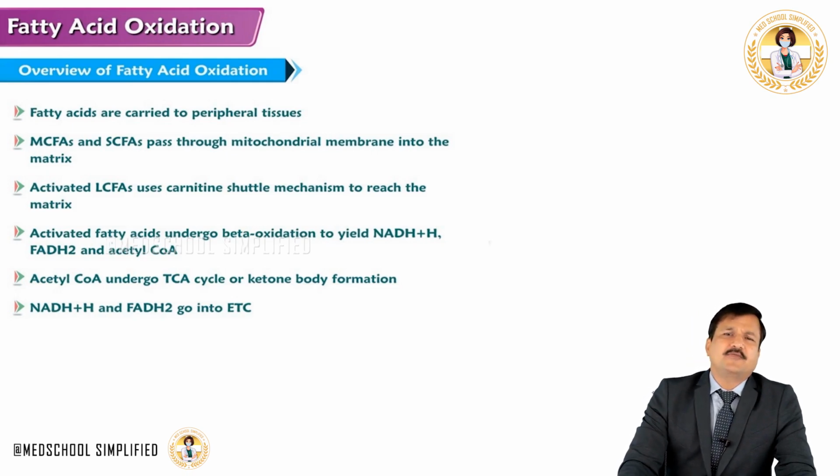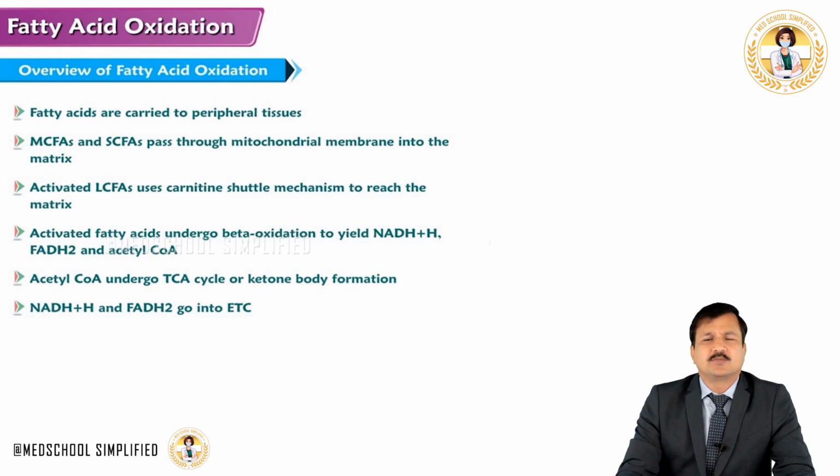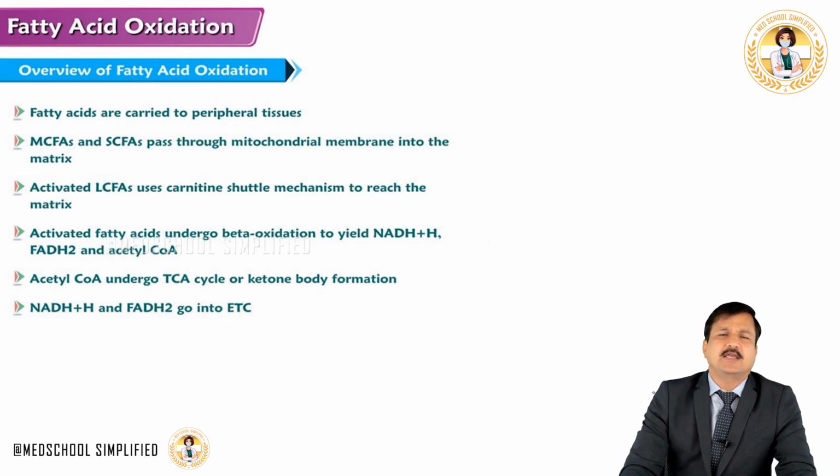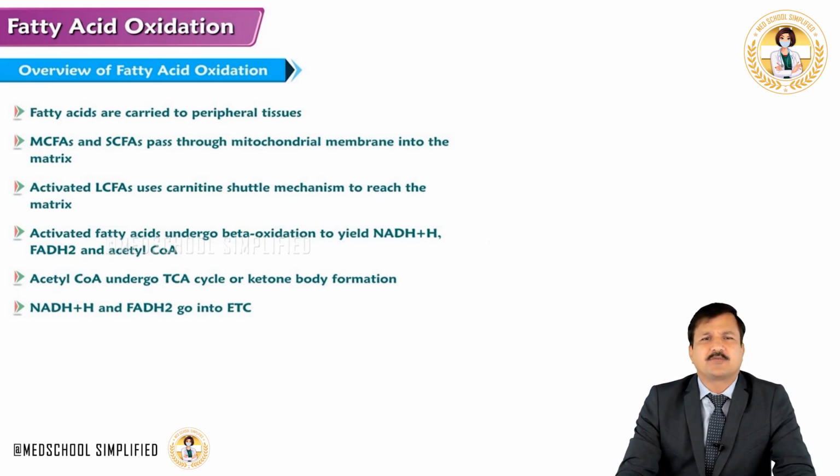Now, if the fatty acids reaching the cytoplasm are medium chain fatty acids or short chain fatty acids, medium chain fatty acids have carbons between 6 and 12 and short chain fatty acids have fewer than 6 carbons. These fatty acids directly enter the matrix of mitochondria through the inner mitochondrial membrane and are activated in the matrix.